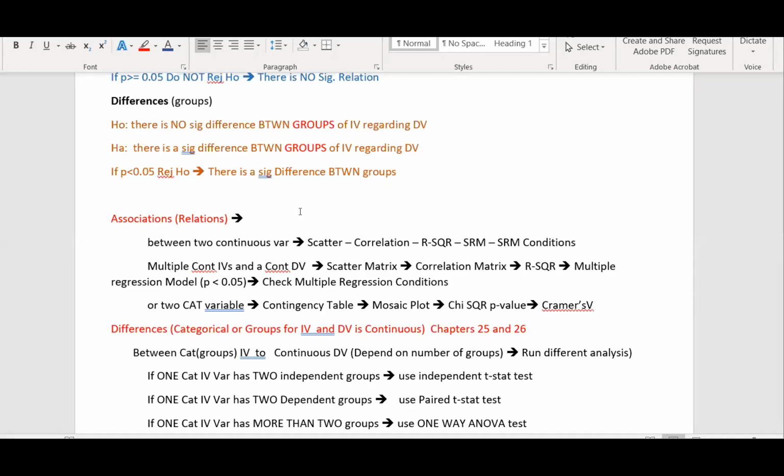Here in analysis of association or difference, that's where IV and DV are important. At the beginning, you just need to explain this data has this much average, this much skewness, is it normal or not? What does the histogram look like? What does the box plot look like, and analysis like that. Good.